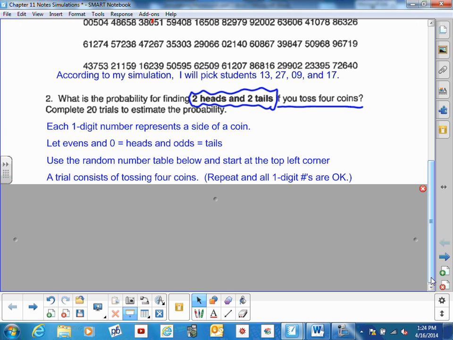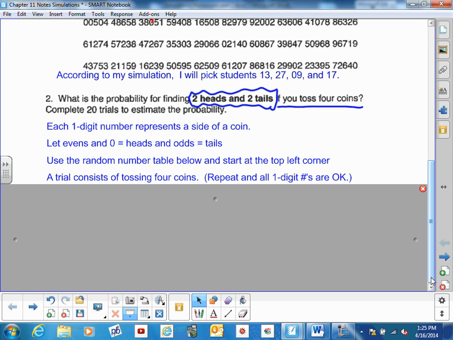Okay, we're to the R, the response. What is our response going to be? At the end of the trial, what am I going to say as a summary of that 4 coins? Correct. I got 2 heads and 2 tails, or I did not get 2.